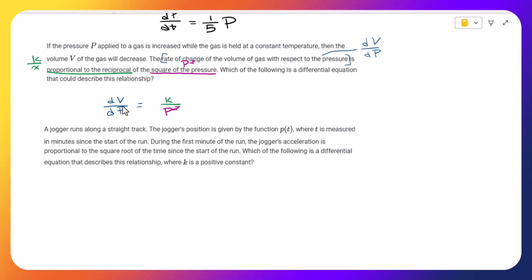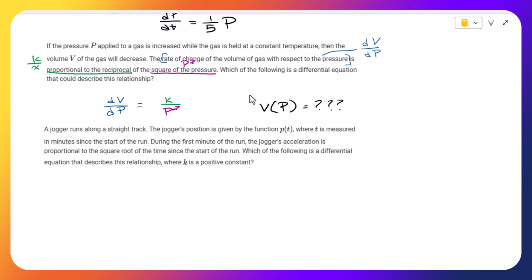Sorry, let me rephrase. Our unknown function here is V of P, our volume with respect to the pressure. So when pressure increases, volume decreases. So is this function going to be increasing or decreasing?